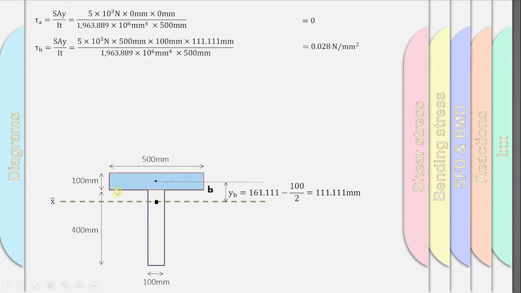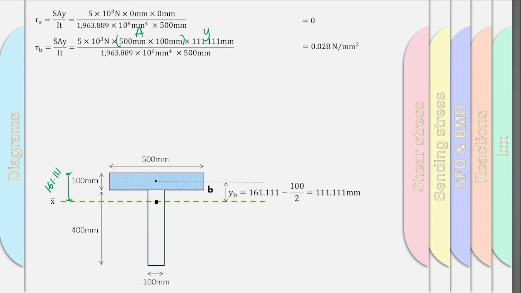Then you multiply by Y. This is the area, and this is Y. How do I get Y? It is from the centroid of the area to the very top of the beam, your x bar, which is 161.111.